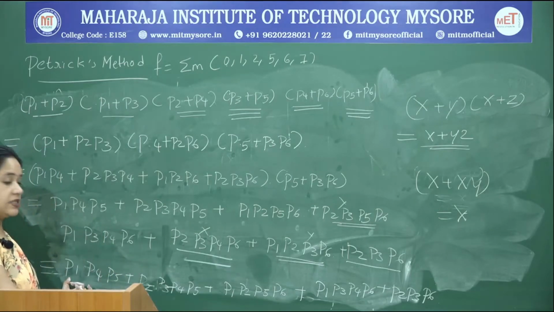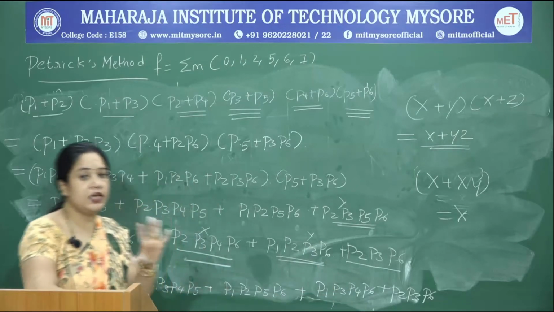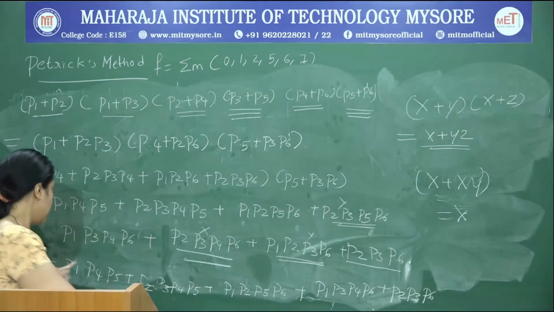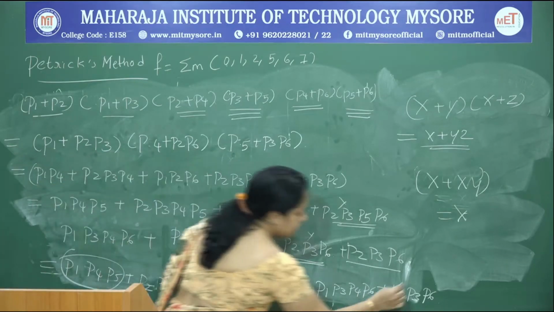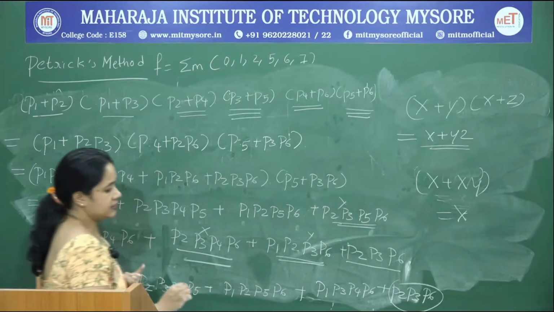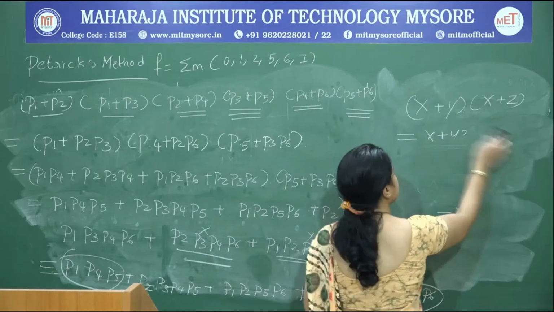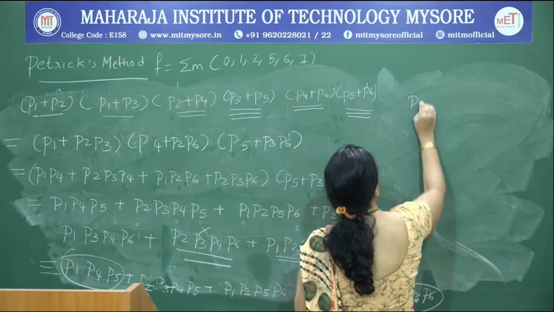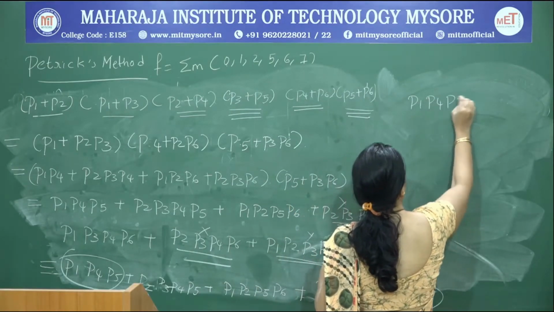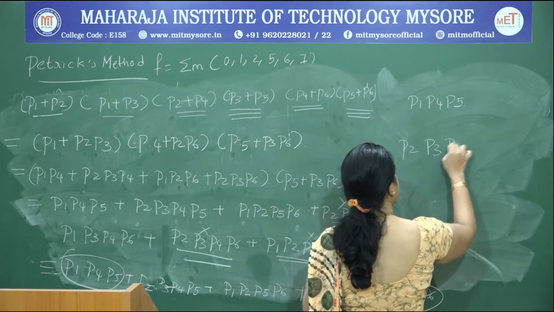And if you can see, this has 3 terms, this has 4 terms, 4 and 4, because we need the minimal solution, you are going to select P1 P4 P5 and P2 P3 P6. So accordingly, the 2 solutions are P1 P4 P5 and P2 P3 P6.